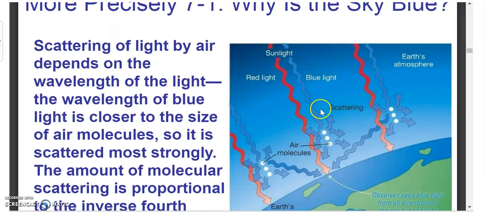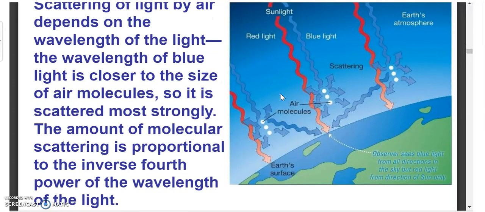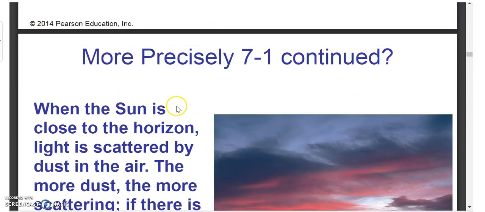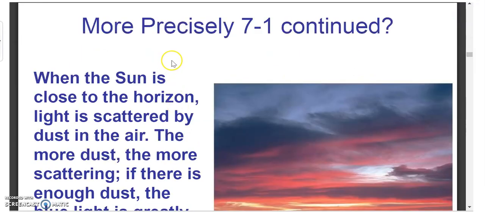And so the blue light bouncing around causes the background of the sky to appear blue. That's really what is causing the sky to be blue. Okay, nothing to do with the oceans or anything like that. All right. So this scattering is proportional to 1 over the 4th power of the wavelength of light. That's called Rayleigh scattering.